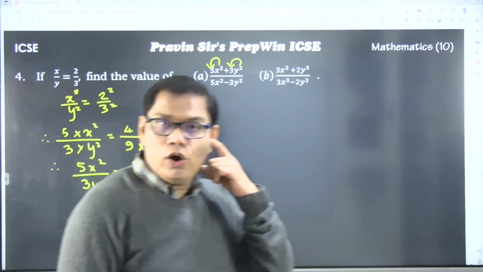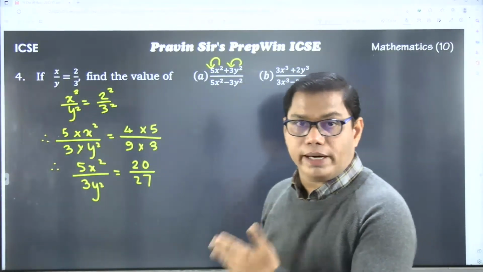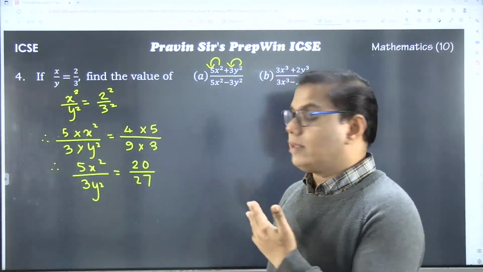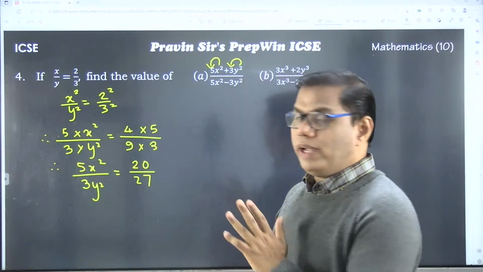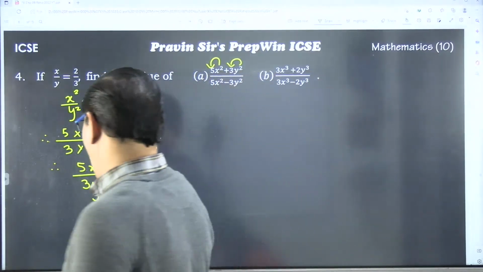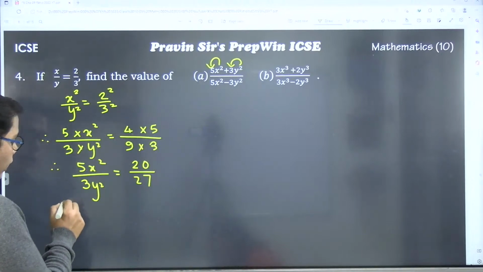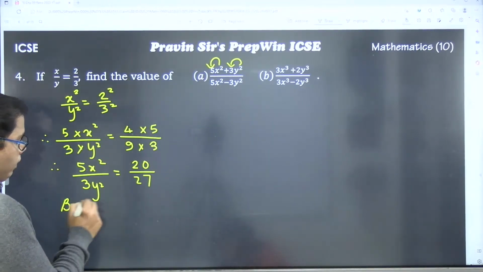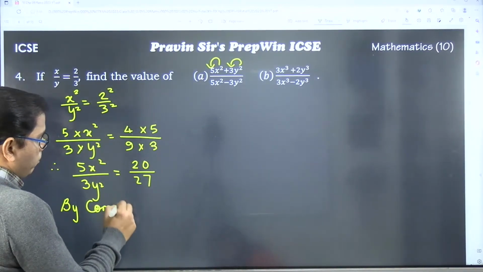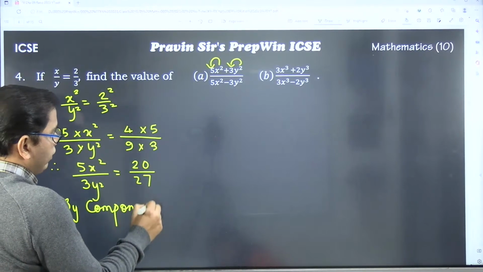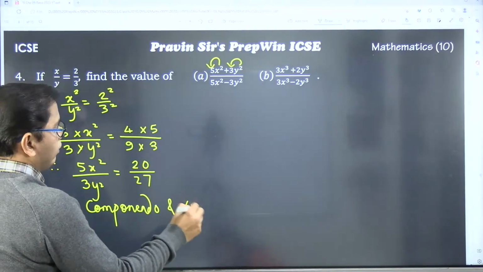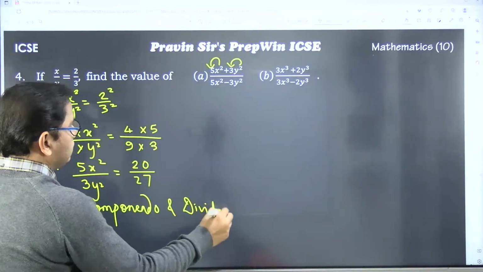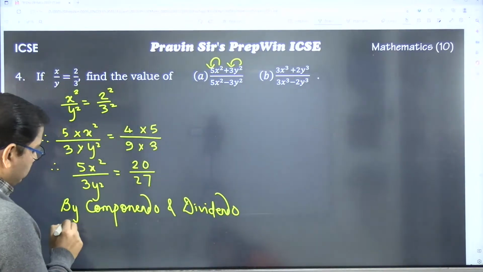We see again denominator का number numerator से बड़ा है. 27 is greater than 20. So we are going to get a negative answer. Okay, fine. Use componendo and dividendo. What is my answer?